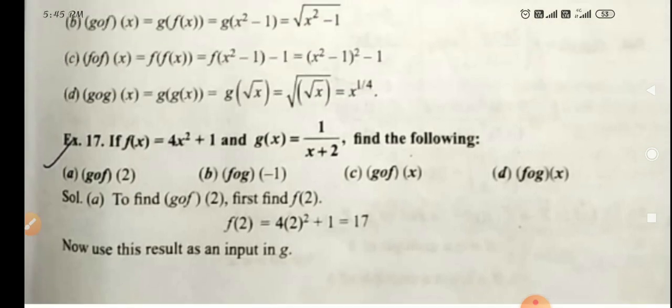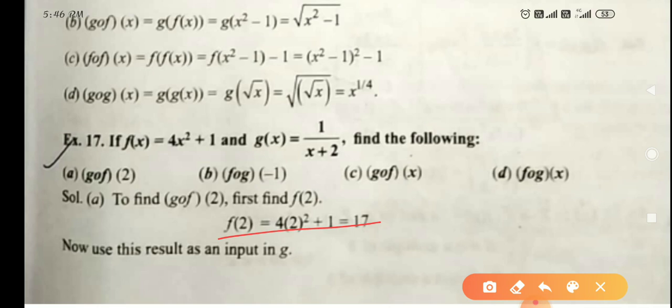Next example is coming, students. See example 17. f(x) equals 4x square plus 1, g(x) equals 1 upon x plus 2. Find the following: gof 2, fog minus 1, gof x, fog x. There are two methods to find gof 2 and fog minus 1. First of all, you can find f(2). In function f(x), you can put in place of x 2.